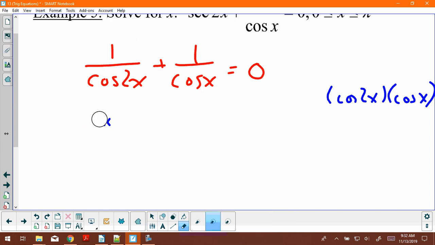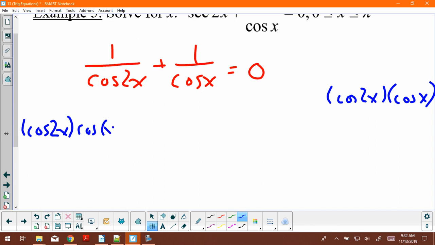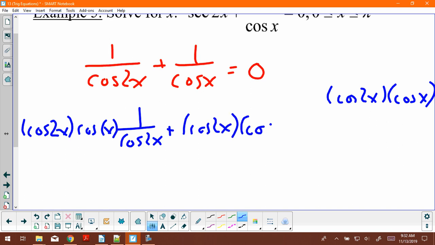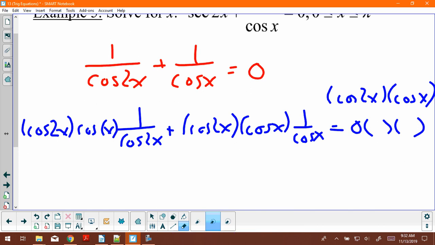I'm going to write this in long form just so it's clear what I'm doing here. I'm multiplying every term by cos 2x cos x times 1 over cos 2x, plus cos 2x cos x times 1 over cos x, equals 0 times those two brackets.